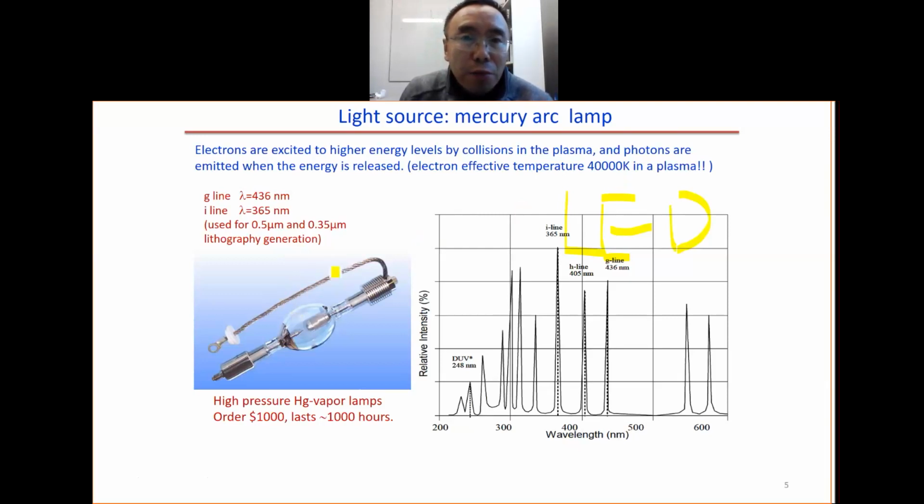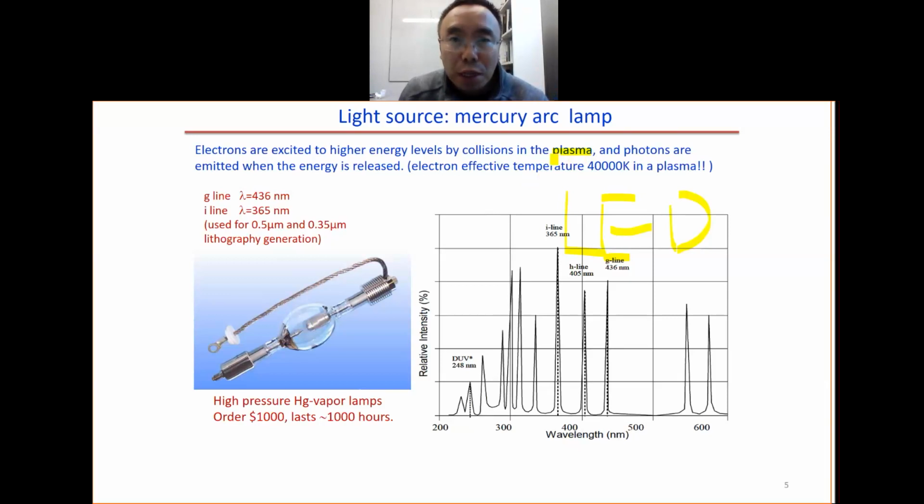For the Mercury Arc Lamp, we have a glass container with mercury vapor inside. Then we apply a high voltage, and it will form a plasma. So there will be an arc discharge of the mercury vapor, forming the plasma.